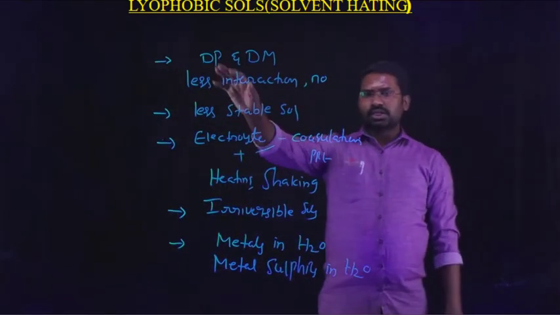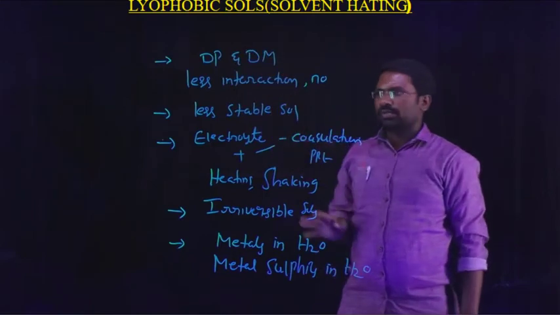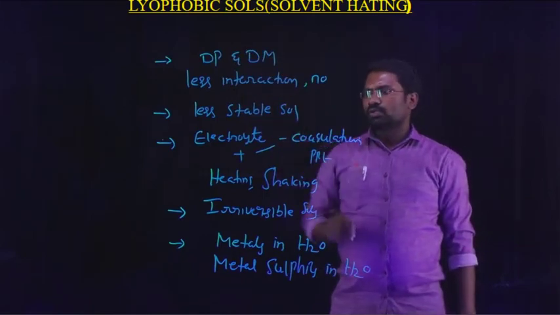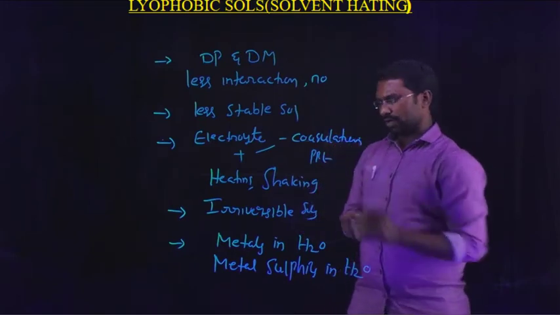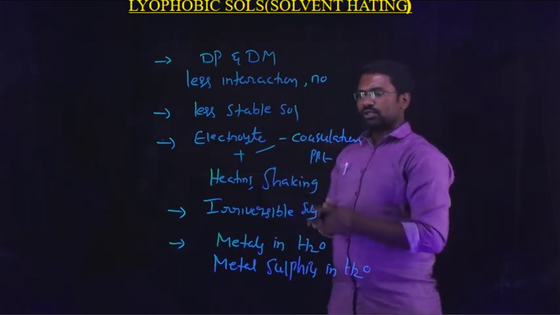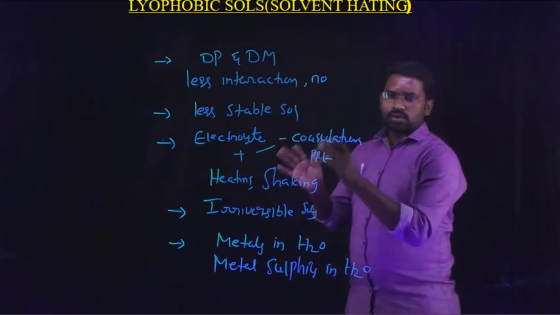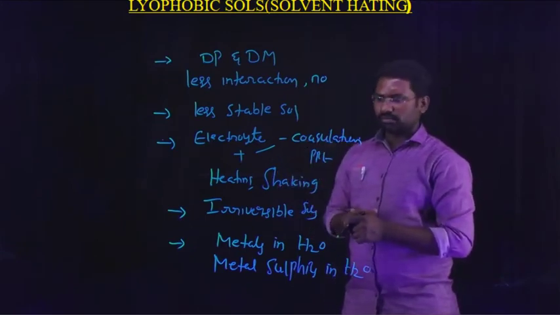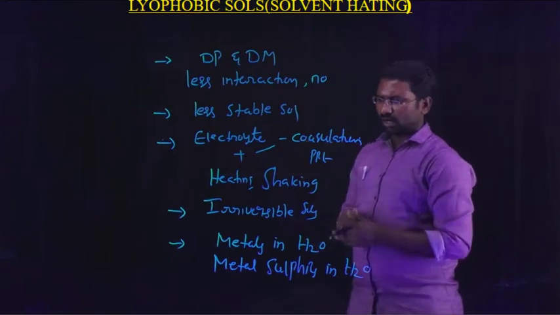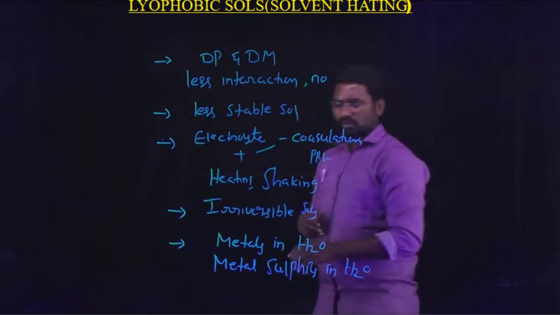Less interaction takes place between the dispersed phase and dispersion medium. Less stable sols. They undergo coagulation or flocculation on addition of electrolyte. These are irreversible sols. That means the colloidal solutions cannot be reconstituted by the addition of the dispersion medium. Best examples are metals in water, metal sulfides in water.